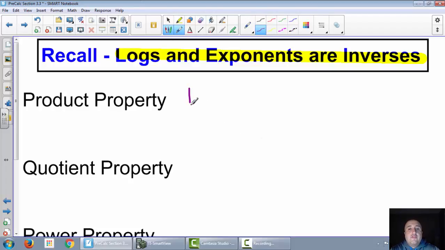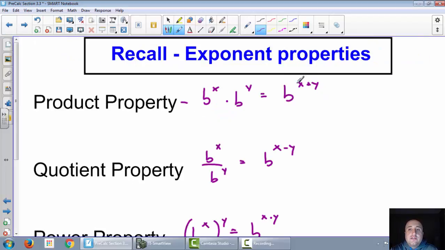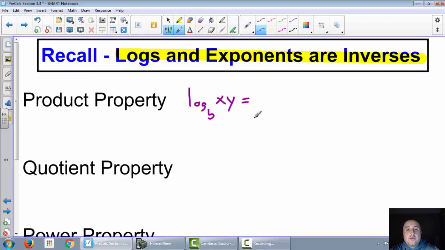It says that if you have a log with any base and you have two things that are being multiplied, the product property in the last one says that you add them together. Same thing with logs. You can split these up and do log base b of x plus log base b of y. So you can separate the x and y with a plus sign.